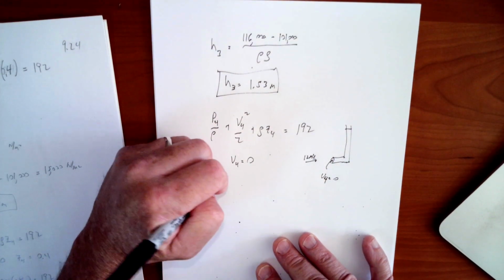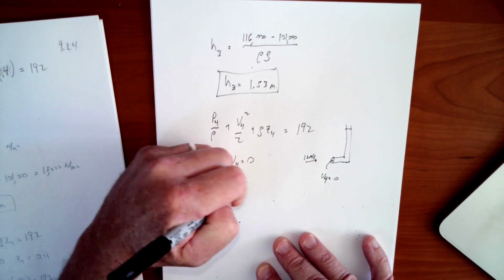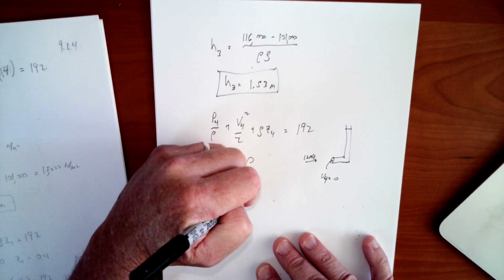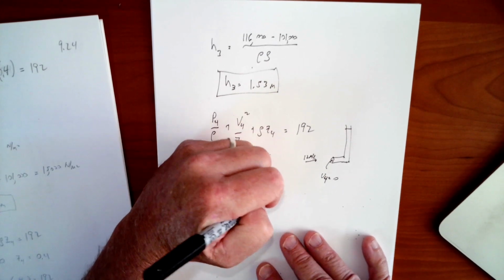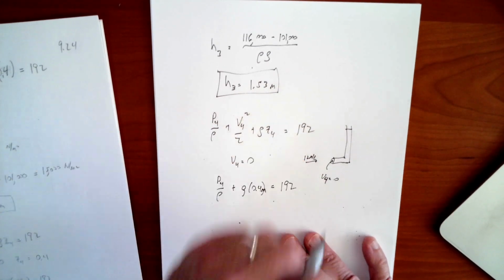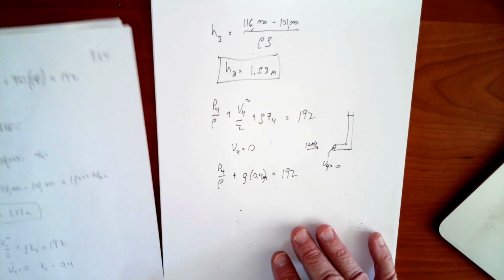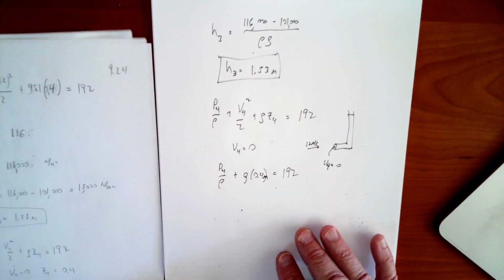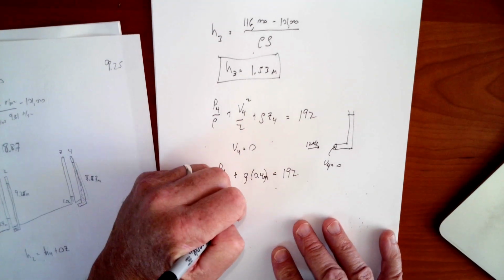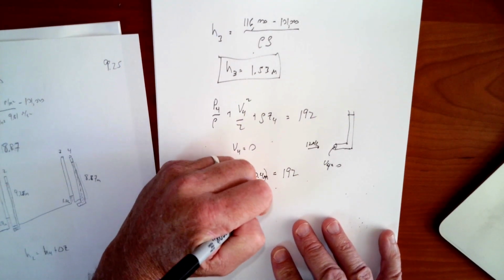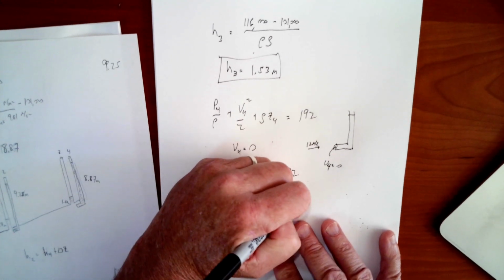So that means that P4 over rho plus G times 0.4 meters, the elevation is the same as 3, is equal to 192. So we crank all that around, and we get that P4 is equal to 188,000 newtons per meter squared.